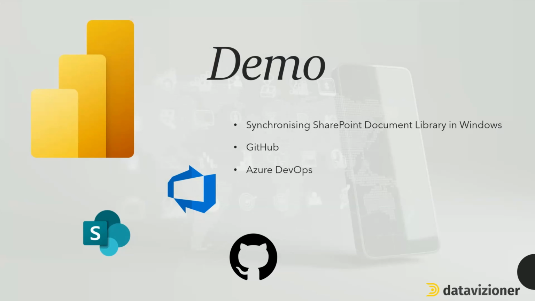If you are on the Power BI Pro licensing plan and you want to leverage this option, you can do that, and it's easy. GitHub is also available, and we will go through those steps, as well as Azure DevOps integration with Fabric workspaces or Premium workspaces, and also on our desktop machine.